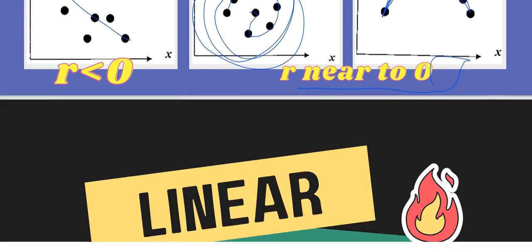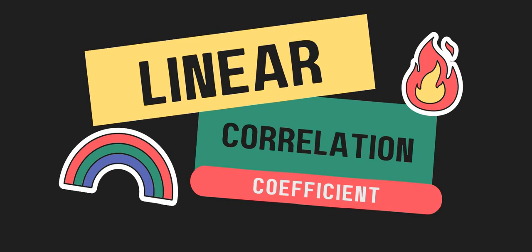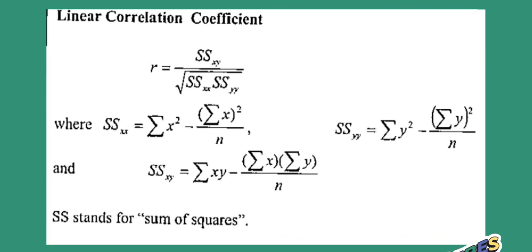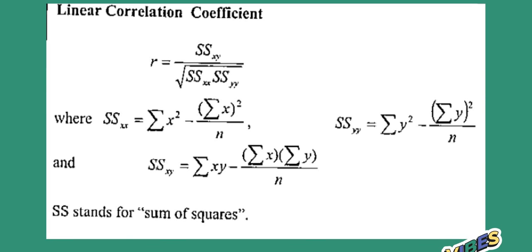Alright, so now it's time for us to calculate R. We call it the linear correlation coefficient. We want to calculate the correlation coefficient. So I just copied and pasted the formula. This is the formula to get your R. SS here stands for sum of squares.